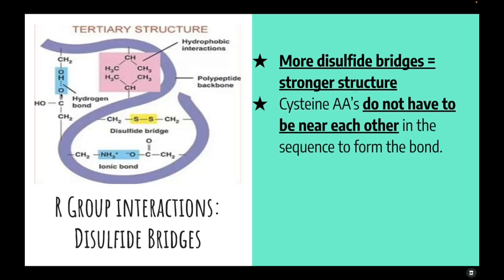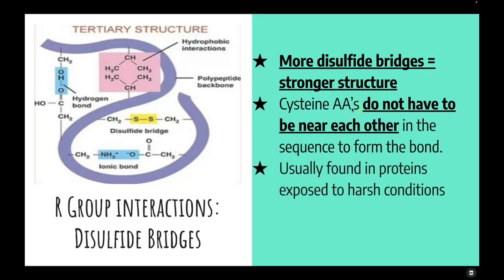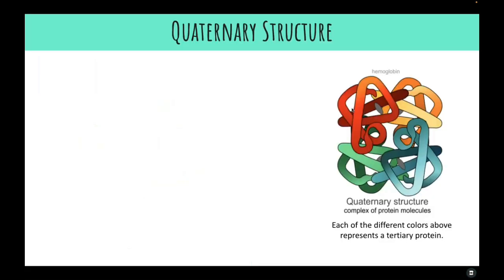The cysteine amino acids do not have to be near each other. All right, so here you see a disulfide bridge. The cysteines do not have to be near each other in the sequence to form the bond. So they're usually found in proteins exposed to harsh conditions, either a high temperature or extreme pH, because nothing's going to happen to them, right?